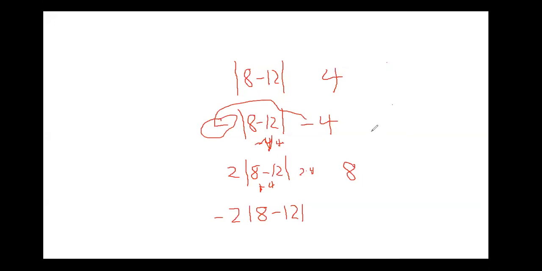And then the last one is 8 minus 12, which is negative 4. Because it's absolute value, we get rid of the negative 4. Then it becomes negative 2 times 4 equals negative 8.